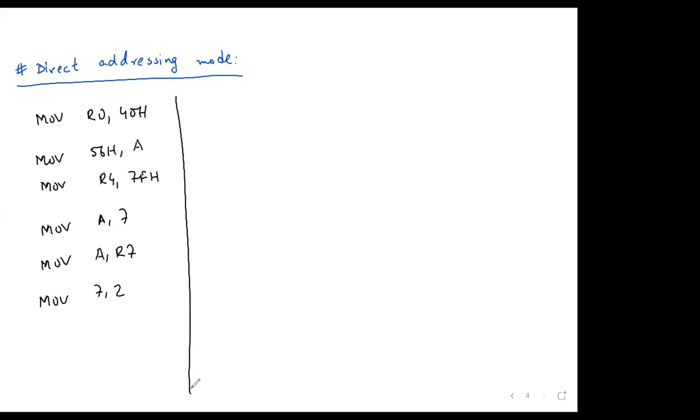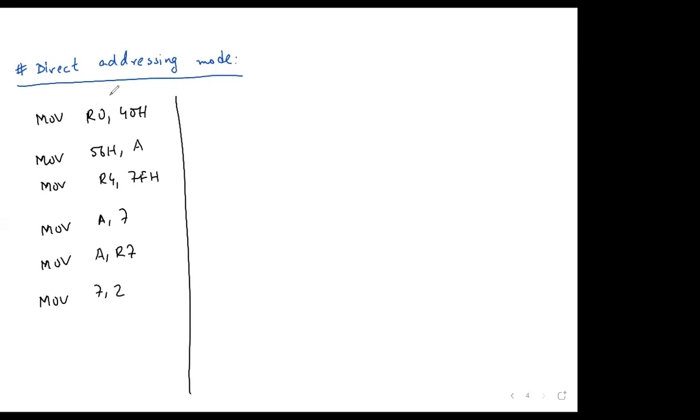The next one is direct addressing mode. You see the difference over here. In direct addressing mode, we use the address directly. We do not use any hash symbol. We do not use any constant value. Rather, the address is directly involved. Look at the first instruction, move R0, 48.